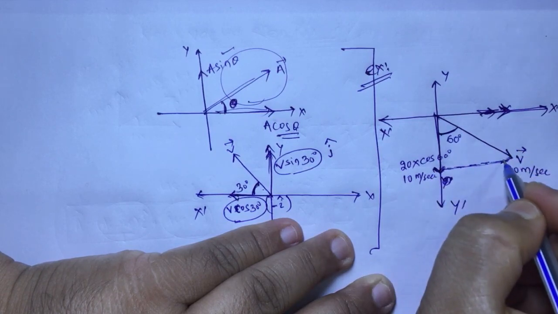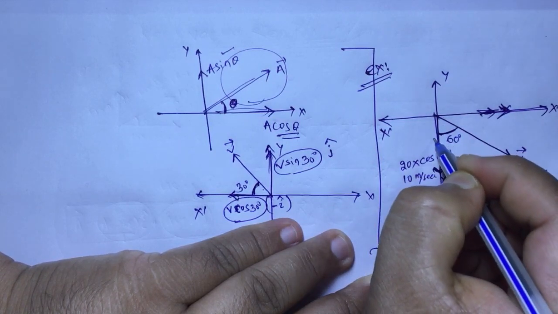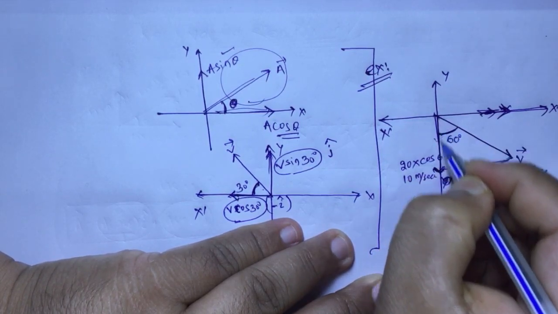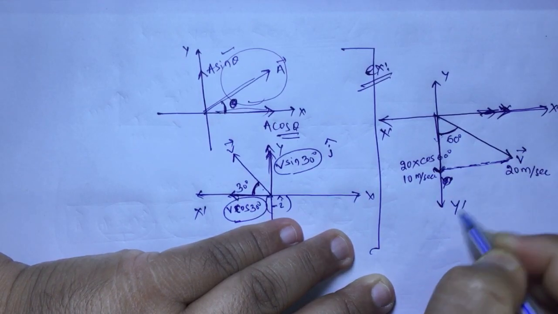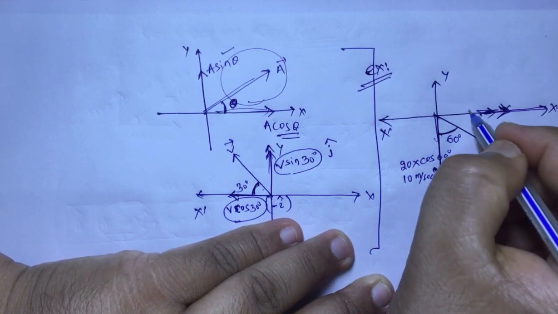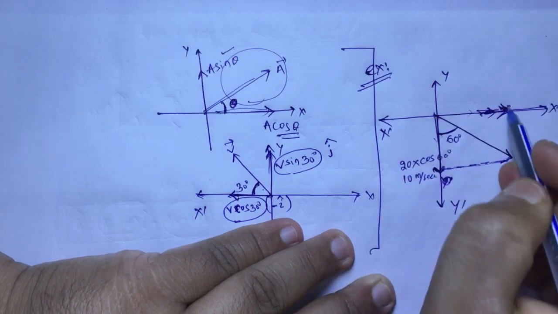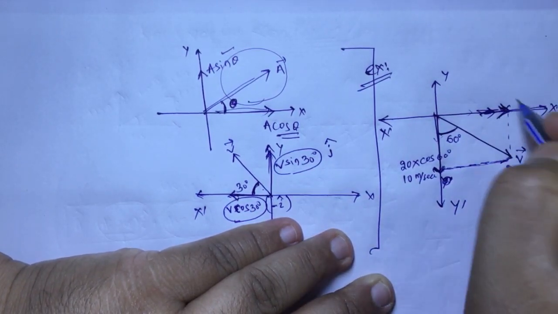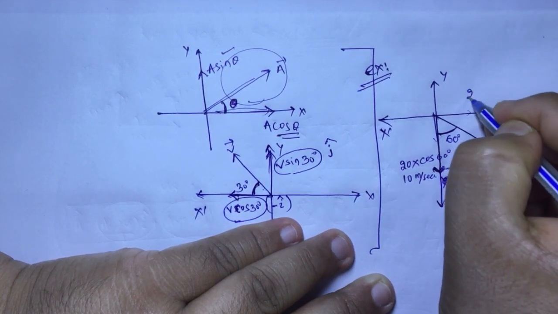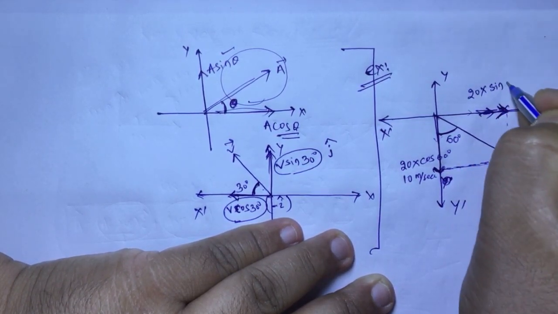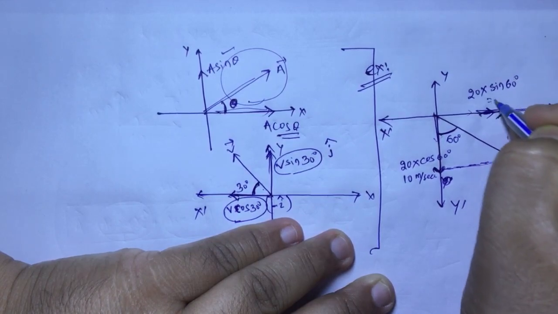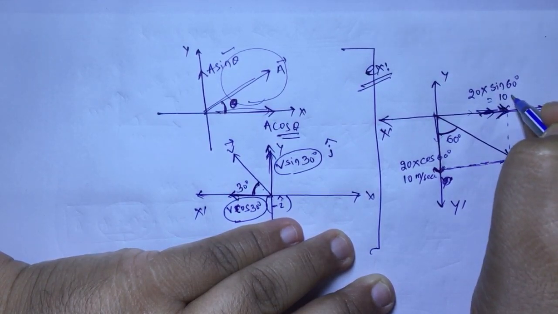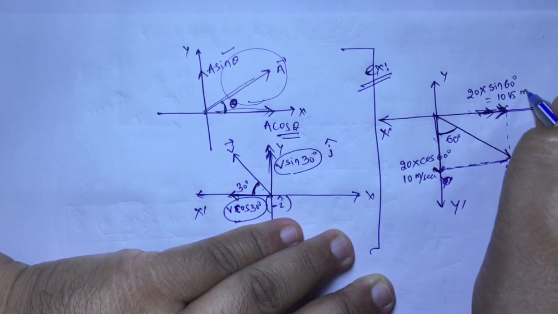If your v vector is like this, you cannot draw your v cos theta up to here. If your v vector is here, you cannot draw v sin theta up to here. No, v sin theta will be up to here. So what will this value be? It will be v into sin 60 degree. Sin 60 is root 3 by 2, so it will be 10 root 3 meter per second.